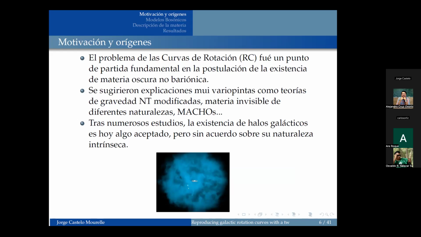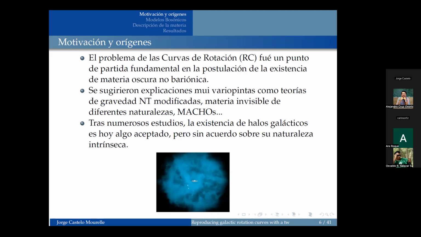And with the problem, a lot of possible explanations emerged. Some people thought that it could be modifications of Newtonian gravity for explaining this phenomenon. Others suggested that maybe we were lacking some matter, and then the dark matter theories arose.